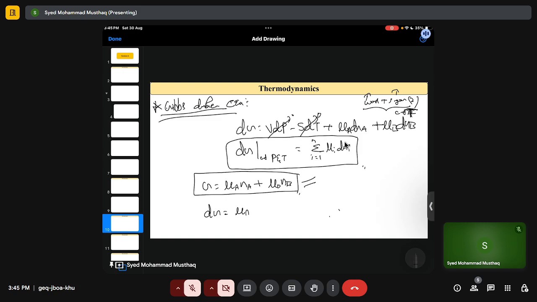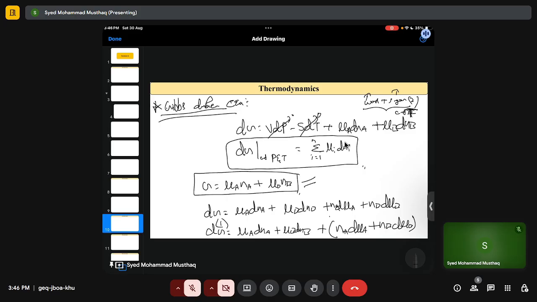So mu A dNA plus mu B dNB. Now if we differentiate mu A, then d mu A NA plus NB d mu B. So dG will be equal to mu A dNA plus mu B dNB plus NA d mu A plus NB d mu B. Now we know dG is equal to this and equal to this, right? So they both cancel out.